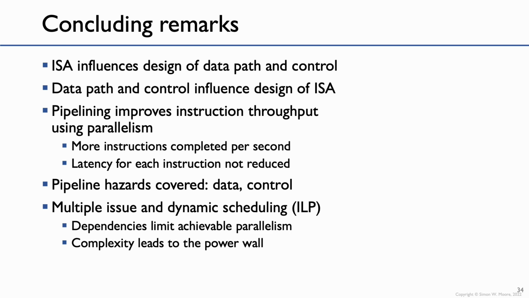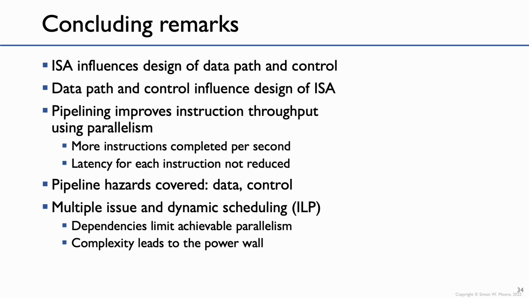We've talked about pipeline hazards, and in particular we've talked about data and control hazards in this lecture, and I mentioned structural hazards in the last, and we have to mitigate those to preserve the sequential programming model. I also briefly mentioned multiple issue and dynamic scheduling to increase instruction level parallelism.